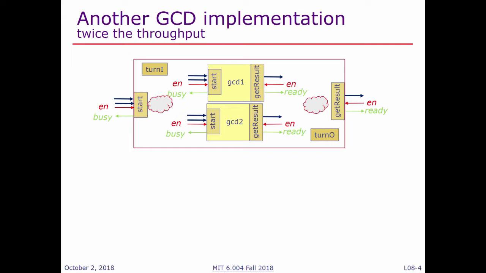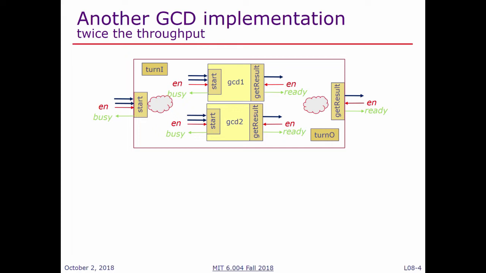And what I can do is, when a request comes in, when you want to start it, let's just take turns. So the first one starts GCD 1, the next start will go to GCD 2, the next one will go to GCD 1, the next one will go to GCD 2, etc. Yes, very simple policy for using these two modules. And how do I collect the results?